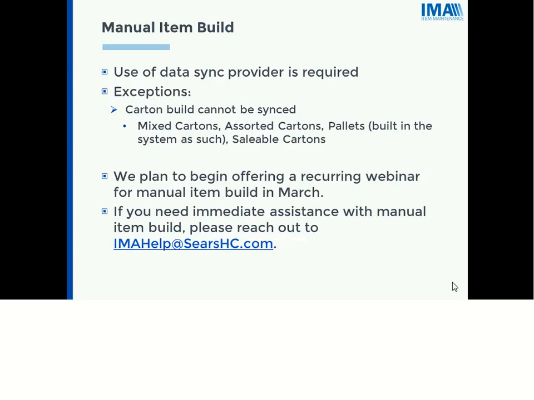To give a quick clarification, because I would have talked about pallets on day 1, you can ship pallets without actually building them in the system as pallets, because if you're Sears, you can't build them in the system as pallets. This is only applicable if you actually build them in the system as pallets where you can't sync it over. So if you do any of those types of cartons or pallets, you have to create your items manually.